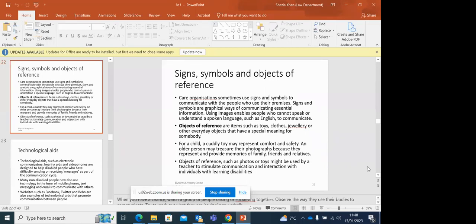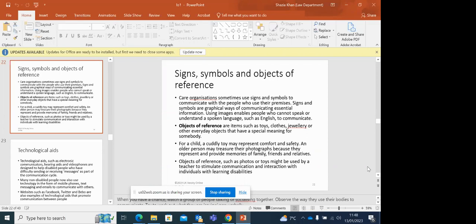Objects of reference are items such as toys, clothes, jewellery, or other everyday objects that have a special meaning for somebody. For a child, a cuddly toy may represent comfort and safety. An older person may treasure their photographs because they provide memories of their families, friends, and relatives.